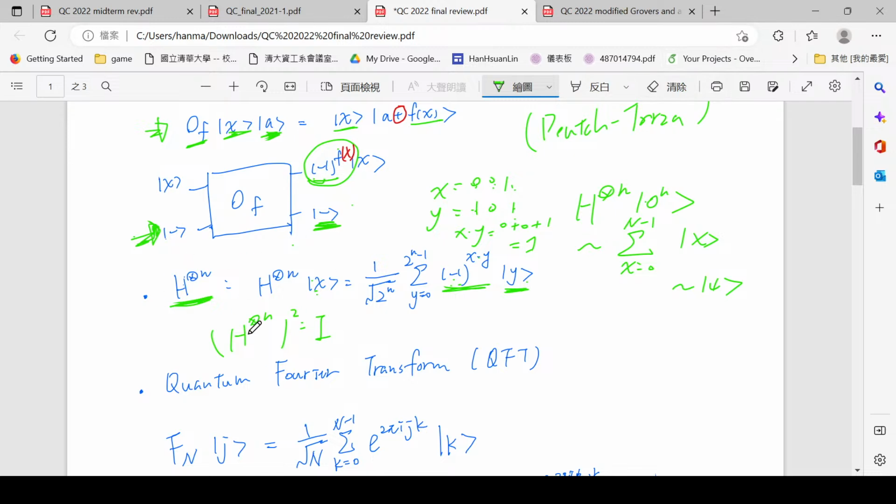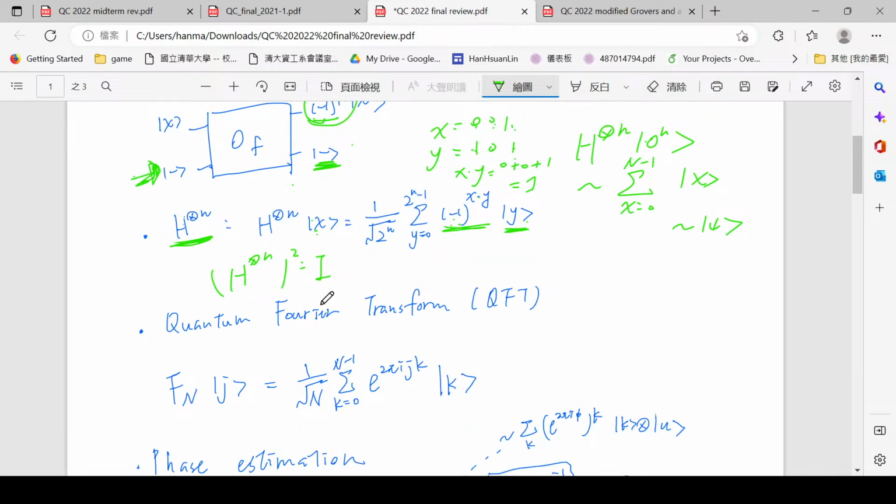You can see Hadamard to the n as kind of generalized to the quantum Fourier transform. Let's not go into too much detail, but notice that if you just have H, not to the n, that is actually equal to the Fourier transform on two elements. Now I'm confusing you a little, but hopefully you can sort this out when you think about it more carefully at home.